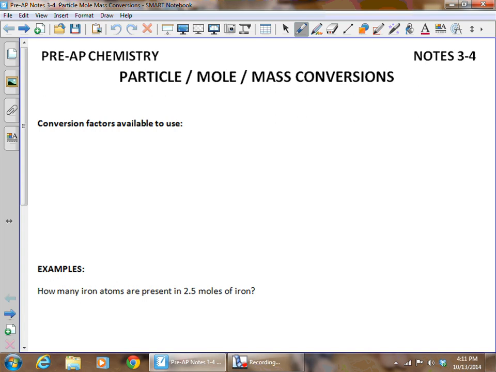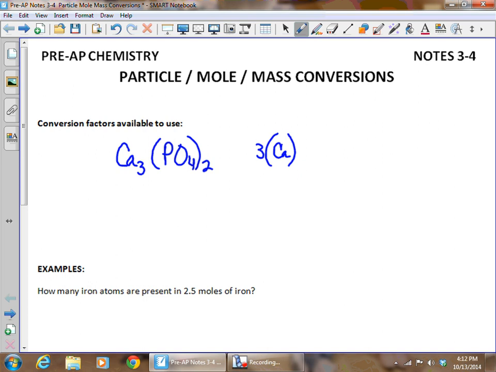Take, for instance, something like calcium phosphate, a little more difficult one. In a compound like this, we've already established that there are 3 calciums.